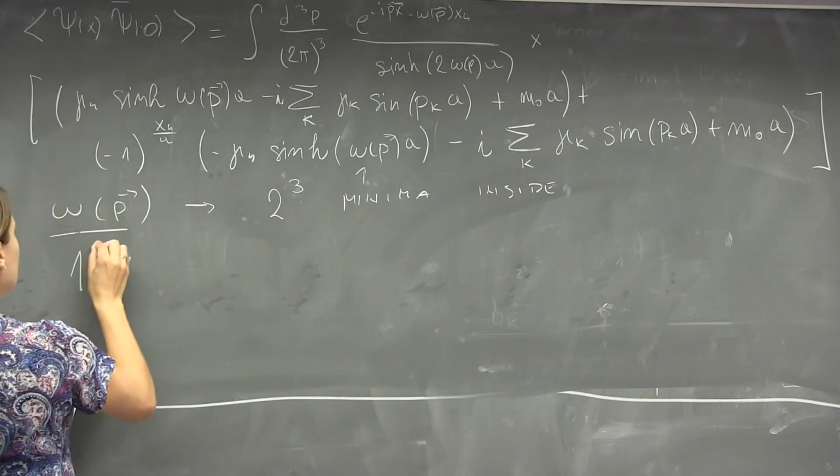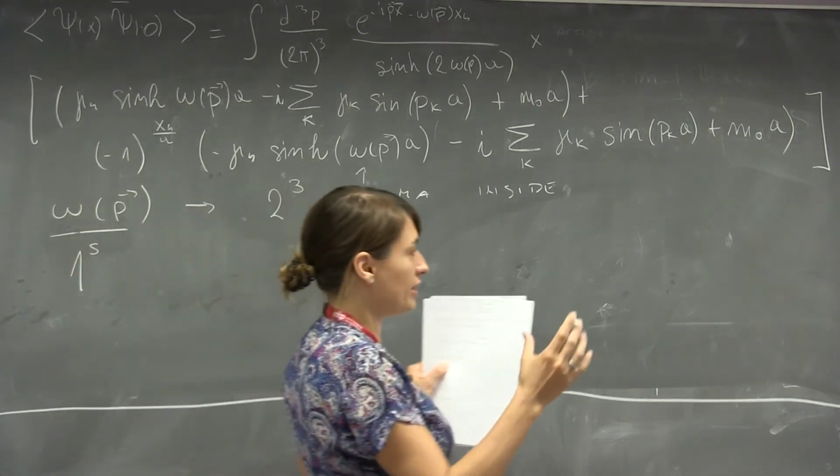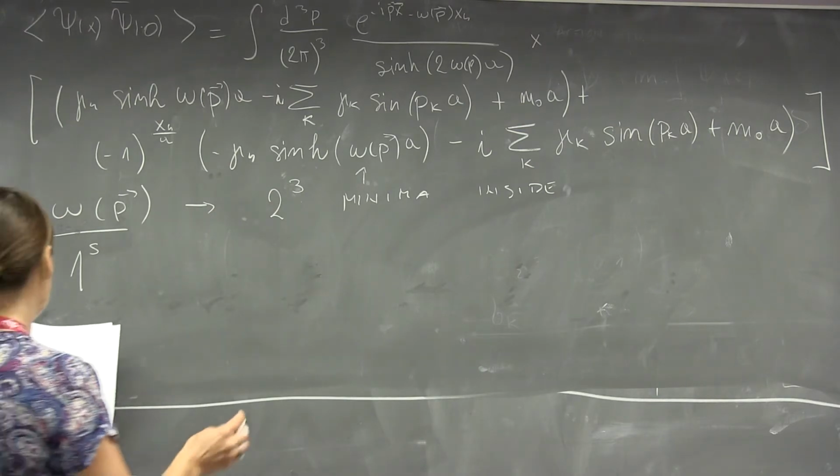So we've said that on the lattice, our momenta are limited to the first Brillouin zone.